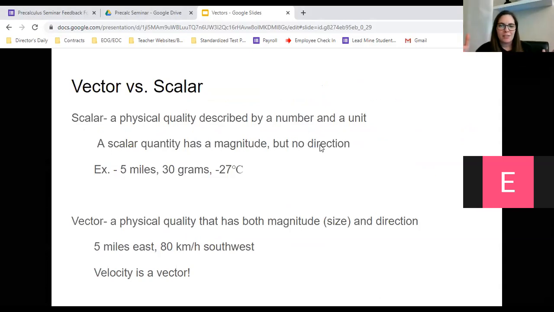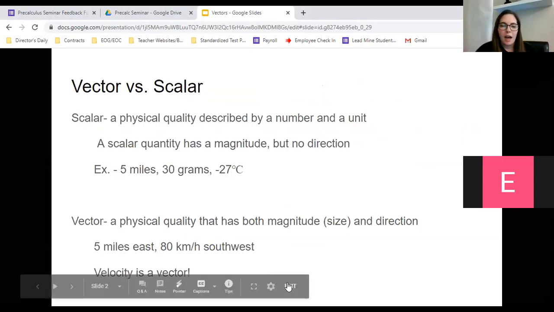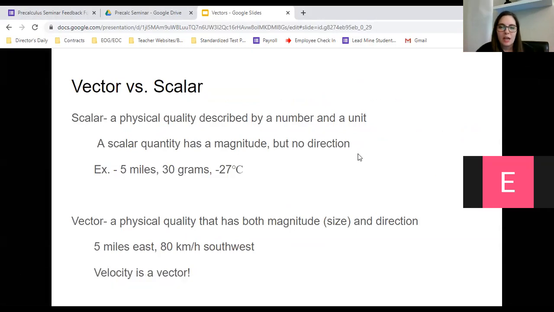So think about vectors. I know a lot of you guys haven't heard of vectors before. You're used to seeing scalars, which is a physical quantity described by a number and a unit. So things like 5 miles or weights in grams or degrees in Celsius, pretty much anything with a unit. The thing about scalars is that they don't have a direction, whereas vectors do.